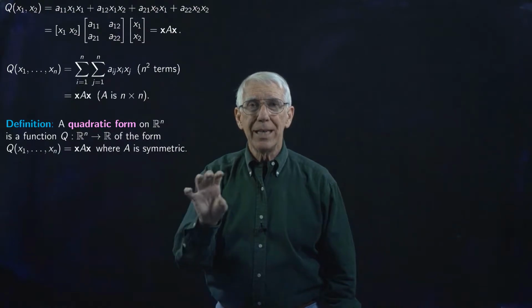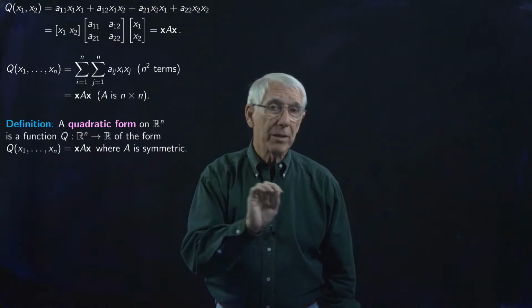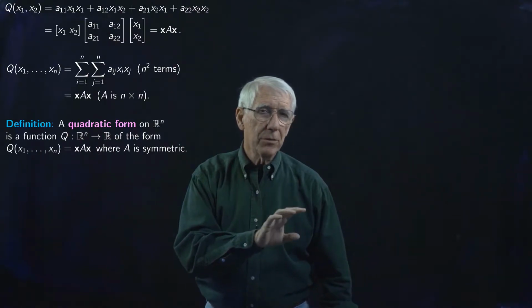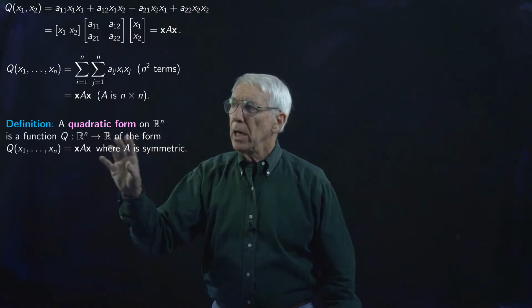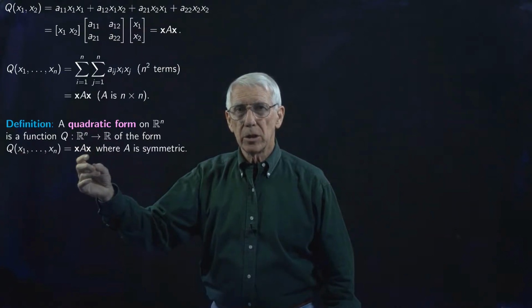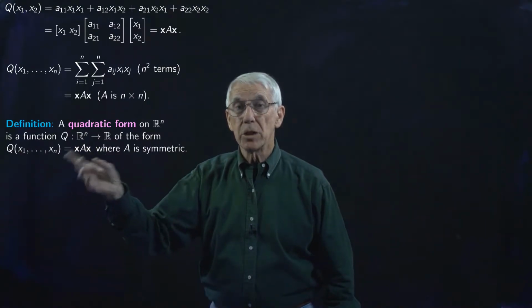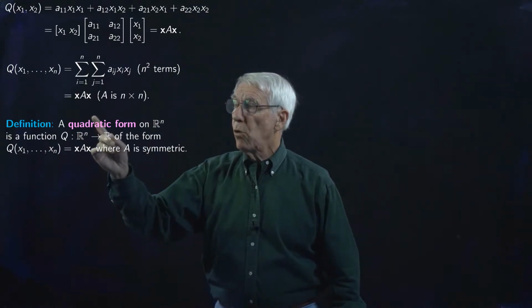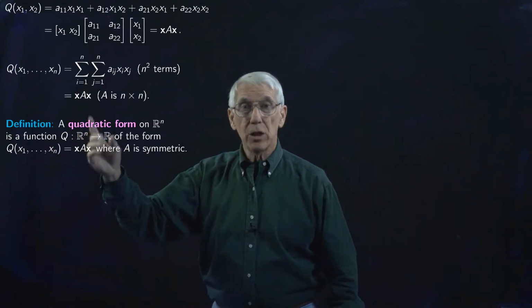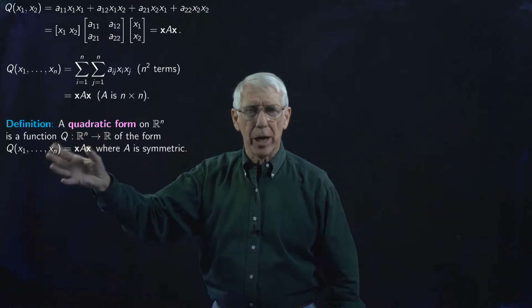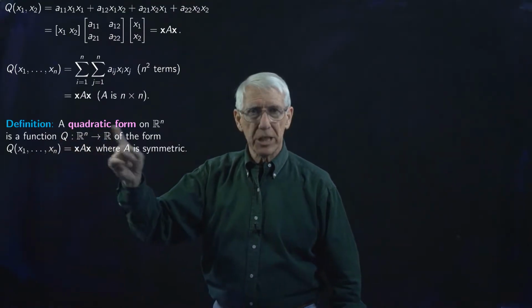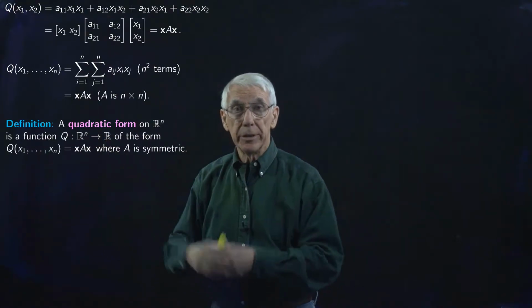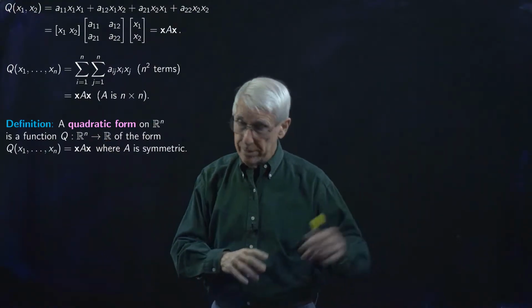So we can study symmetric matrices and determine properties of those matrices that will correspond to useful and important properties of the function. For example, suppose I want to find out whether the quadratic form for a particular matrix A is convex, like we had over here in R2, not in R1, in R2.